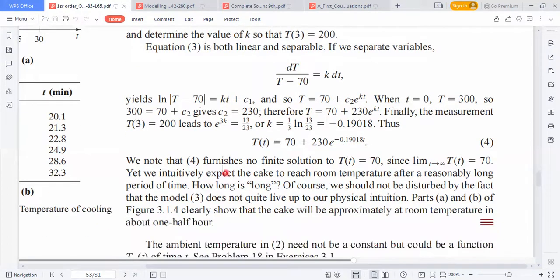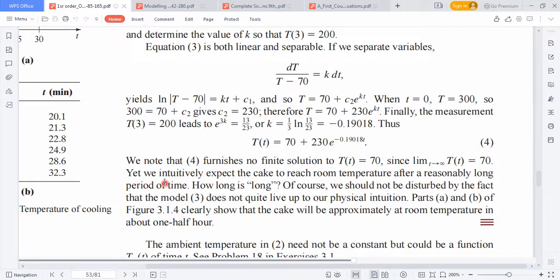We note that this furnishes a finite solution, T equals 70, because if we take the limit as t tends to infinity, the value from equation 4 will be 70, because the exponential term will become 0 at infinity.